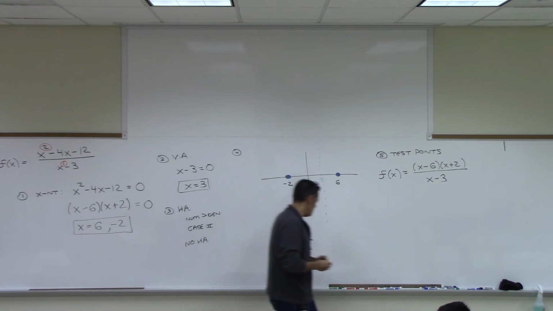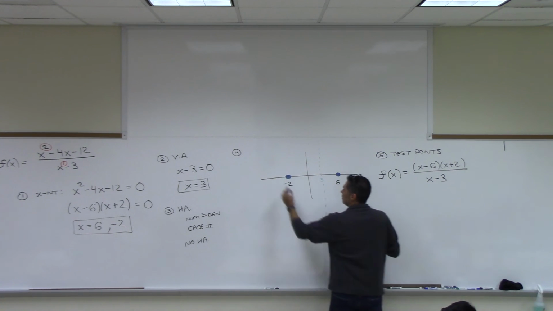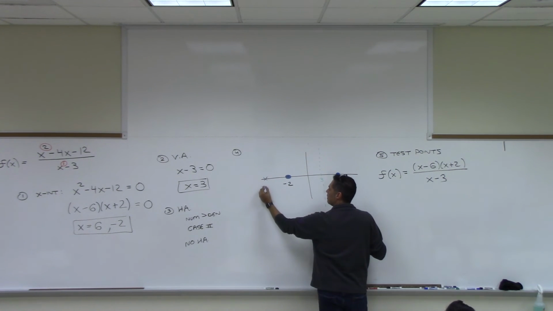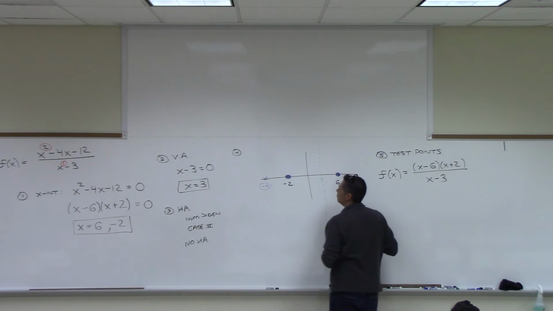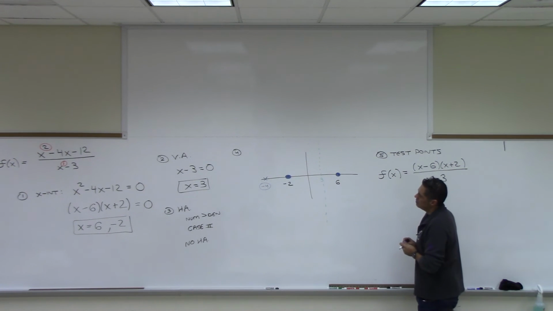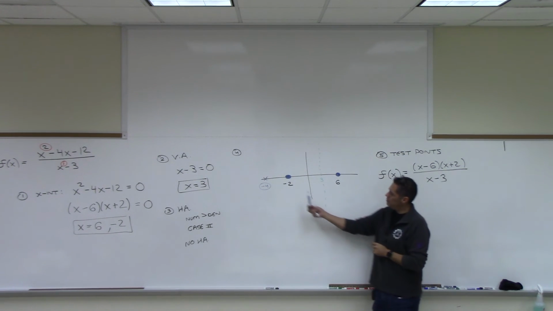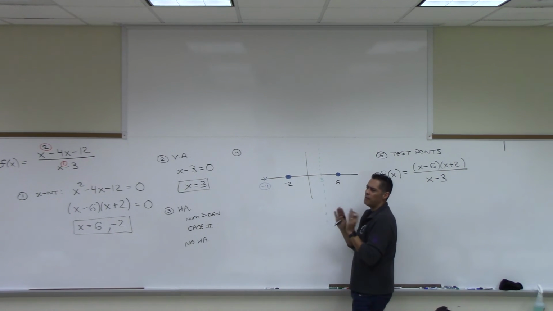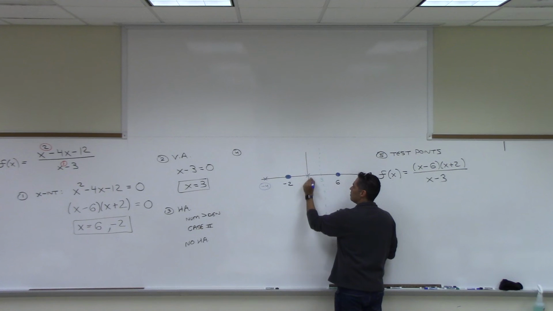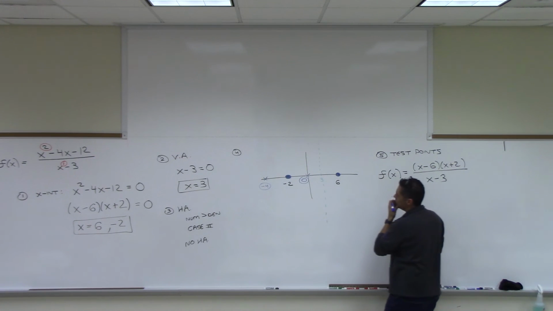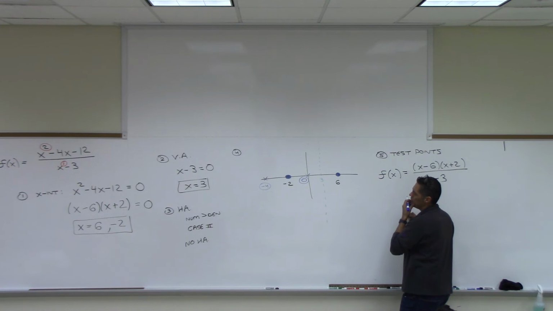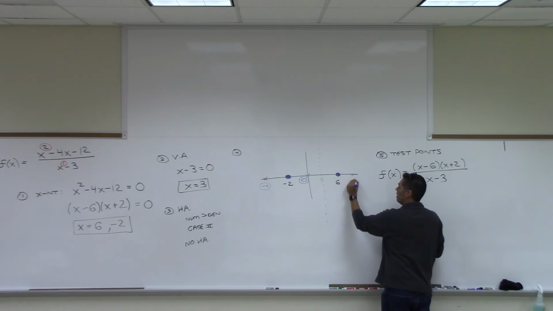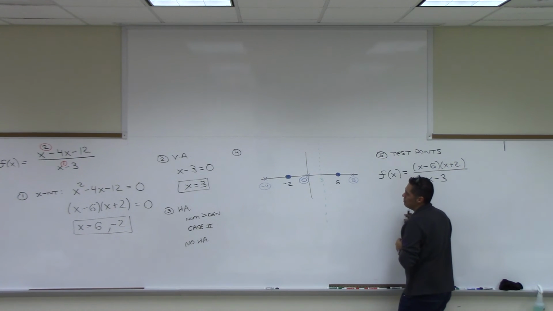Test points. I like maybe -4. What's a good one between here and here? 0. If you can ever plug 0 in, try it. 0 is always nice. Then 8 would work, but I'm missing one.